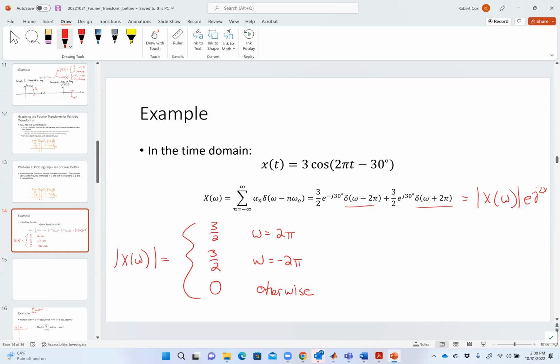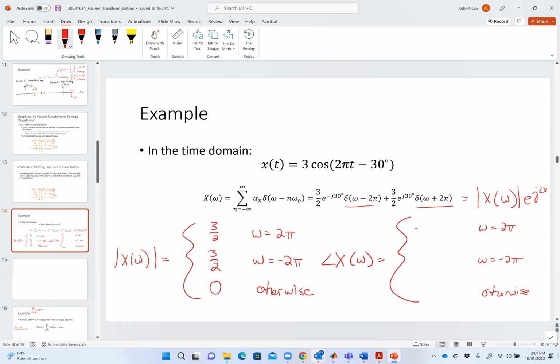If I also want to figure out the angle of x of omega, what's that going to look like? Again, omega equal 2 pi, omega equal negative 2 pi, and otherwise. At omega equal to 2 pi, what's the angle?